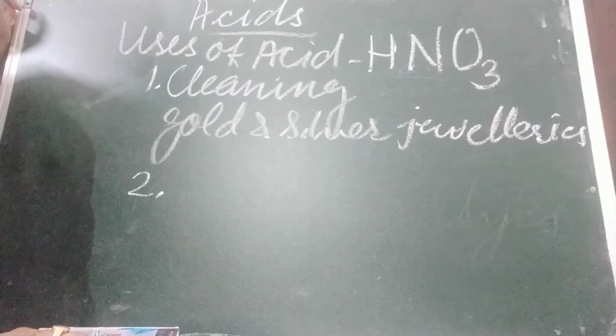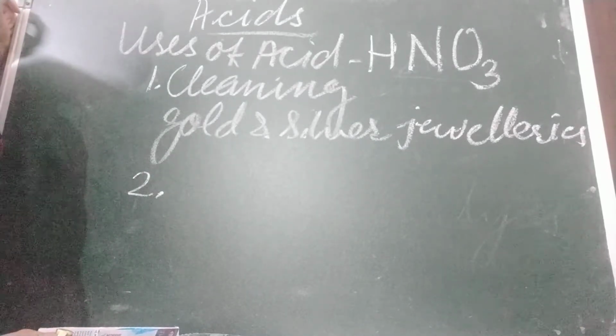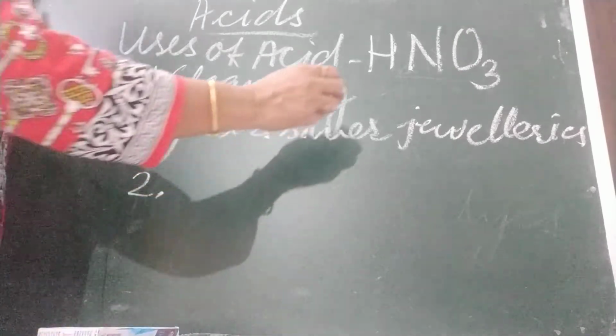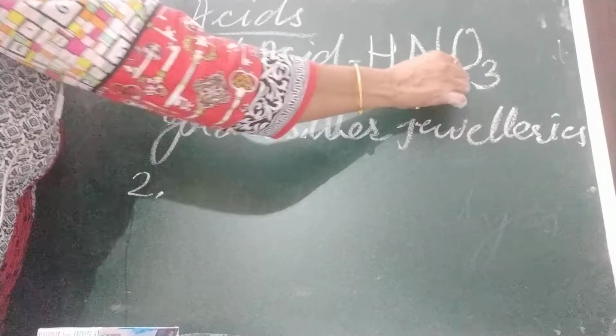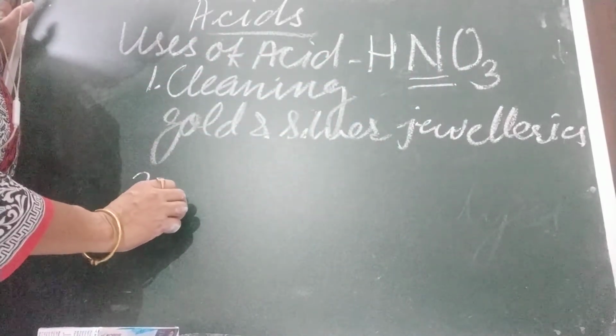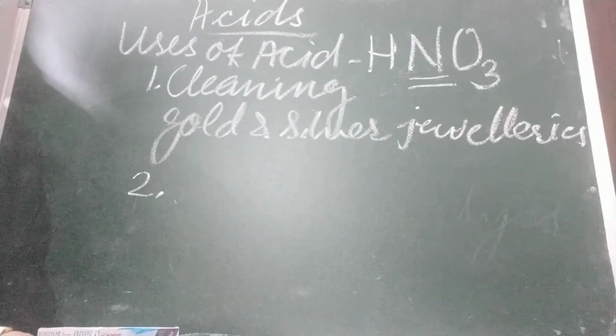You learn that. It is also used for the production of fertilizers such as ammonium nitrate. Children, here nitrogen is there. So, ammonium fertilizer, very important. Nitrogenous fertilizer is very important.